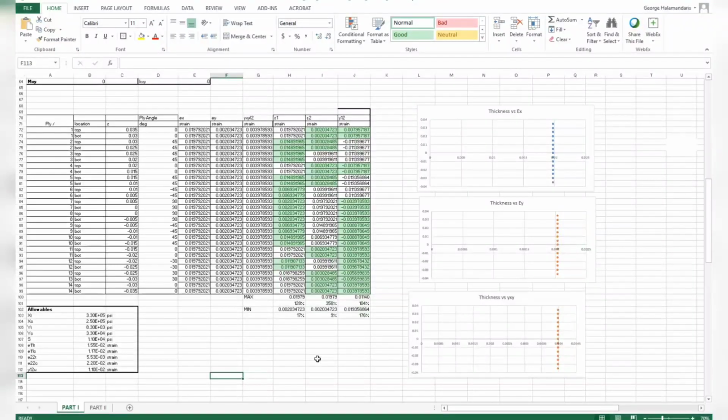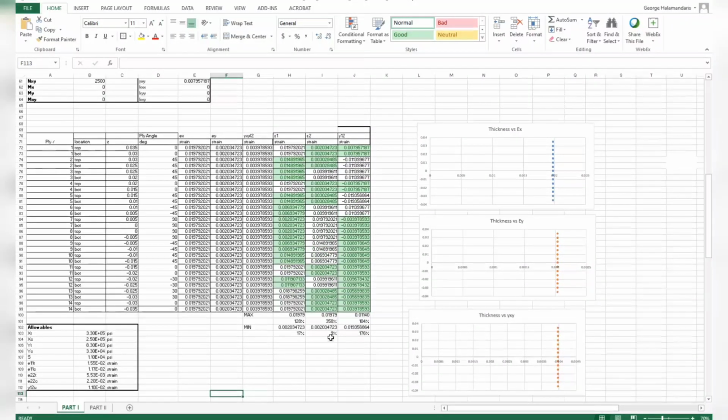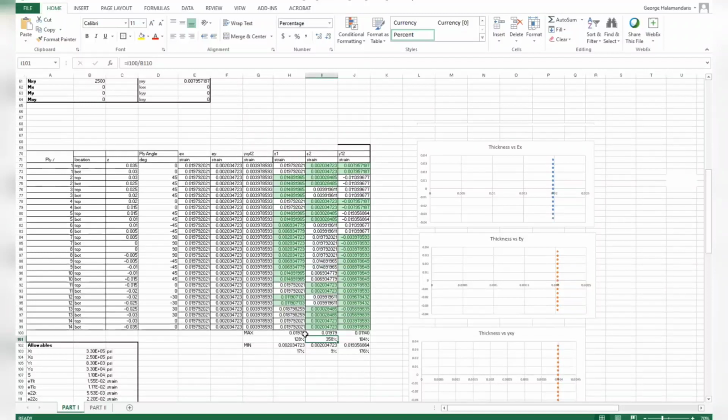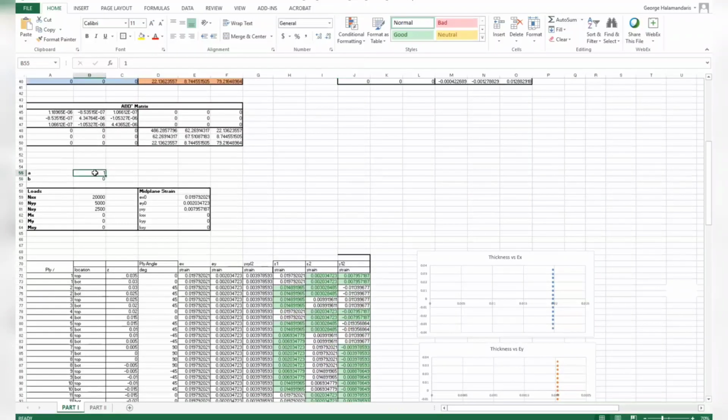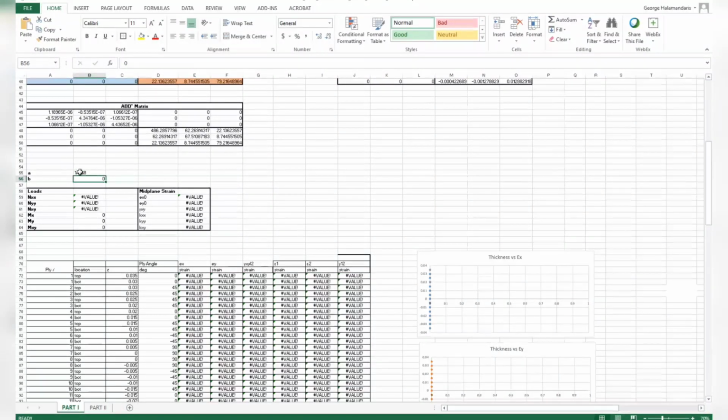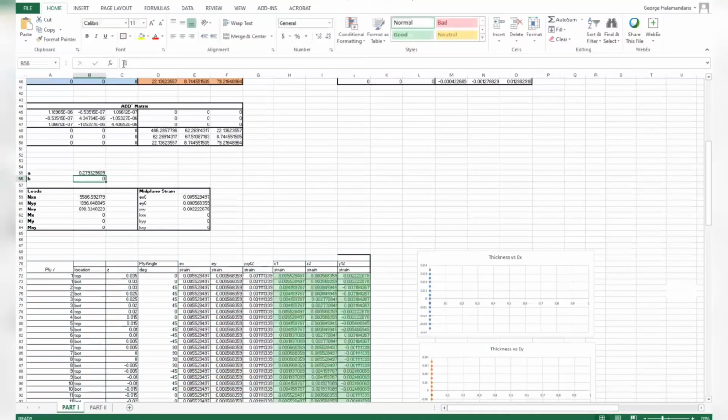So what we'll do here for strain is I'll take my max exceedance, which is 358%, and I will scale down A. Sorry, 3.58. Make that equal.